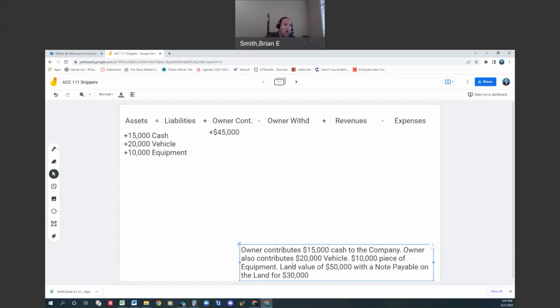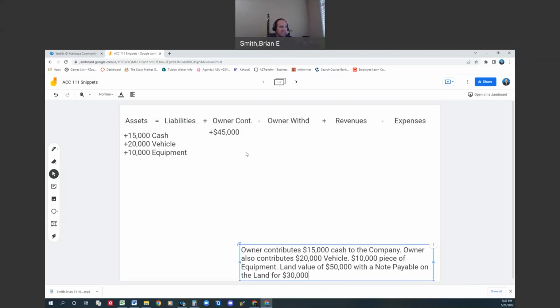Now, because the owner doesn't technically own that 30,000, that is a liability. A bank, a lender, somebody else has a claim on that land asset that we just contributed. So we can't put that part into our owner's contribution, but we can put the value of what isn't owed on that land into our owner's contribution.